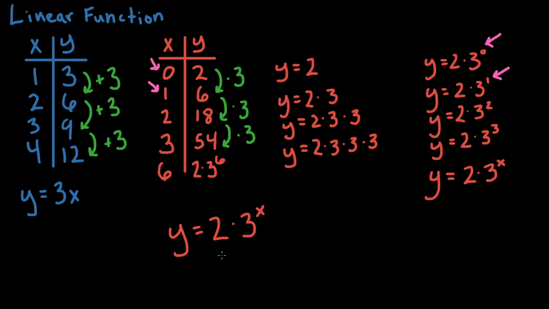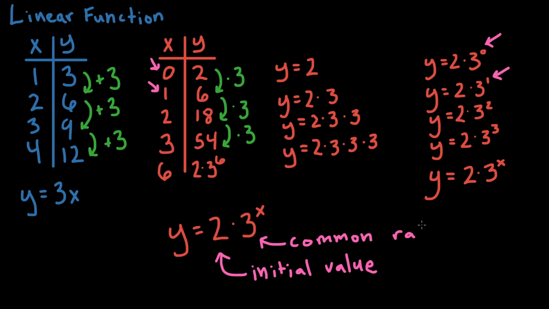This is an exponential function here. And the parts of the exponential function: we call this our initial, or our starting value. And then this number right here, this 3, this is our common ratio, because that's the number that we're multiplying by to get to the next step in the t-chart.